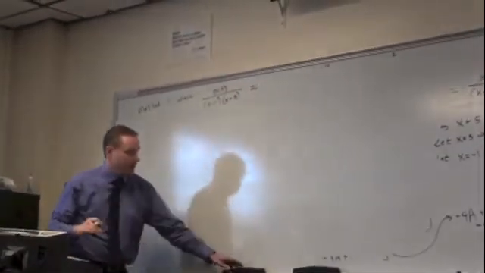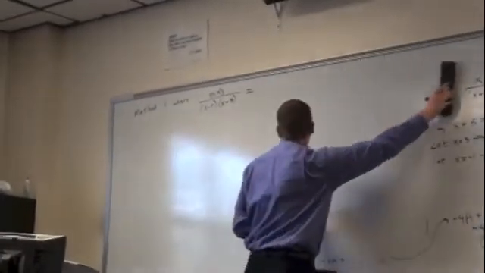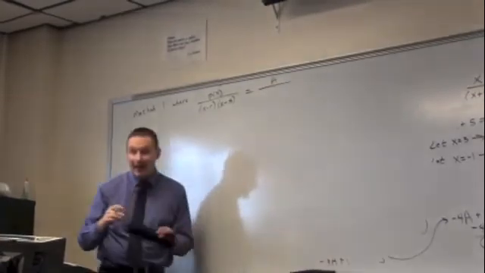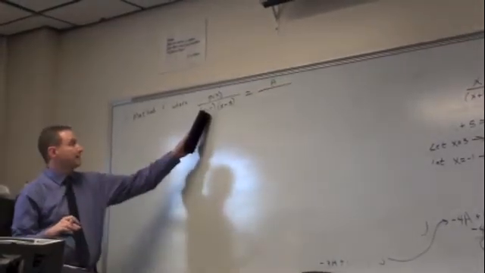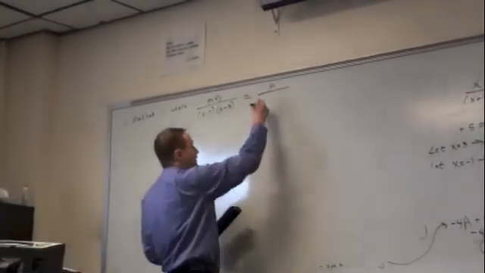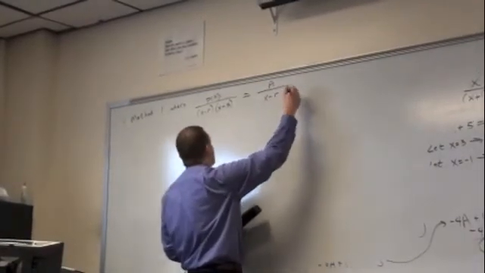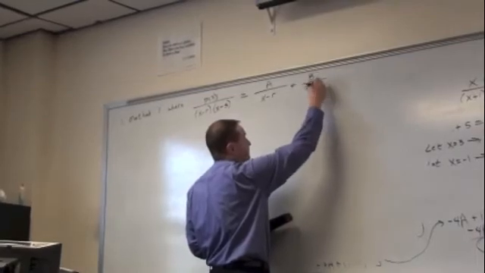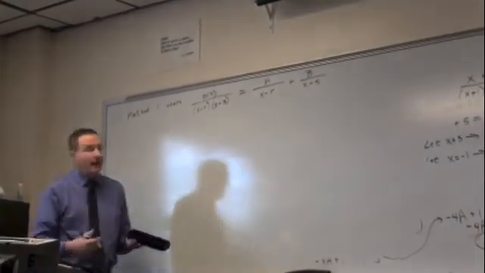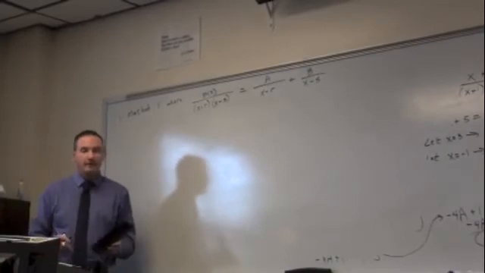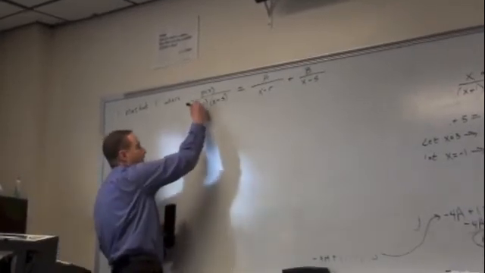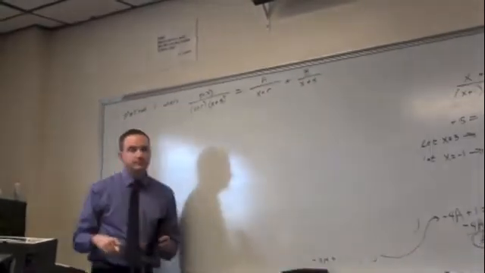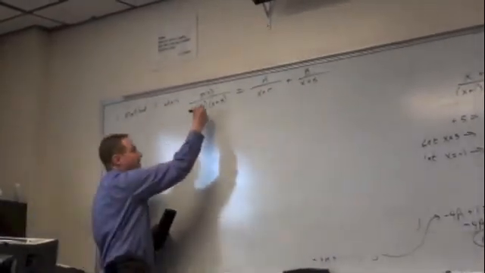Every single time, you're going to break that apart and say it's some constant a divided by whatever this x minus r is, plus some constant b over this linear factor x minus s. And of course, you said, well, do they have to be minus? No. I could put a plus there too. I just chose to put a minus. So you could do plus or minus. I like it.